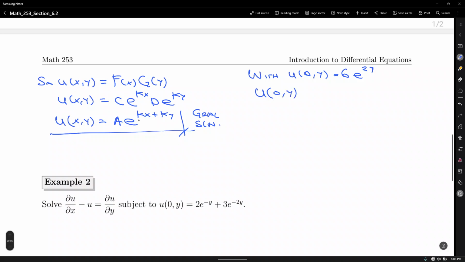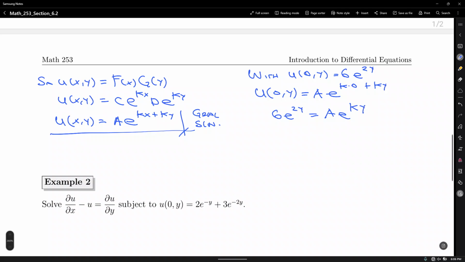That is, everywhere you see the variable x, replace it with a 0 and leave the k intact. a e^(k times 0 plus ky). What is u(0, y)? Isn't that equal to 6e^(2y)? So what does that mean then? a e^(k times 0, which is just 0, plus ky), that's just ky.